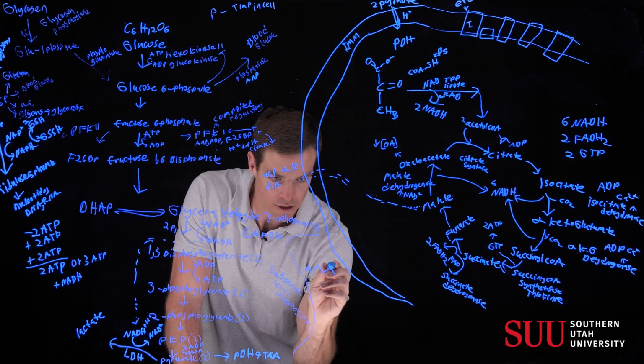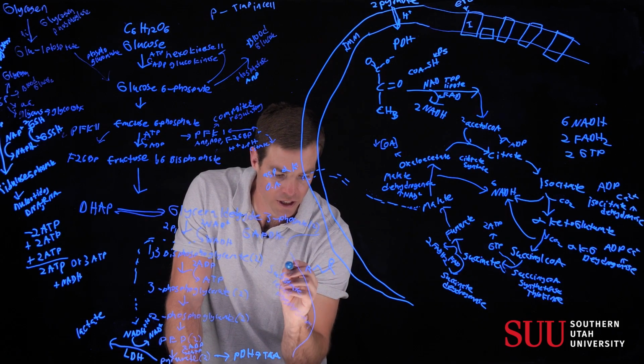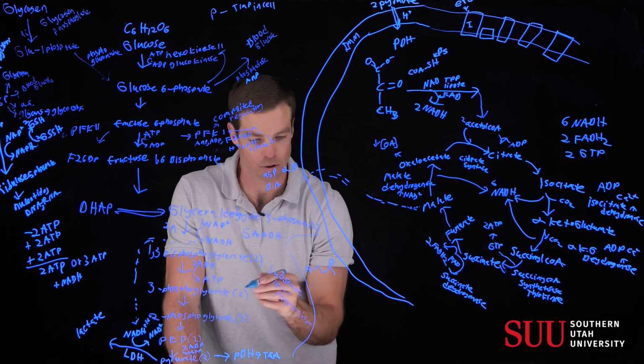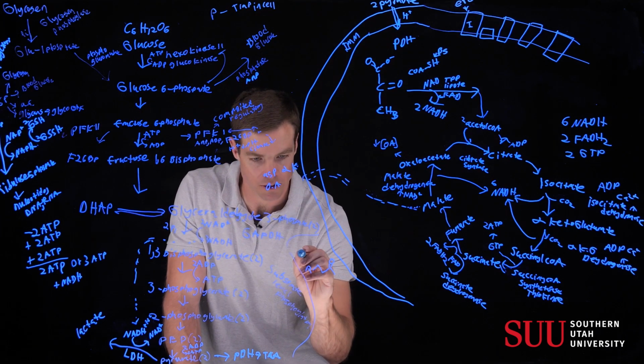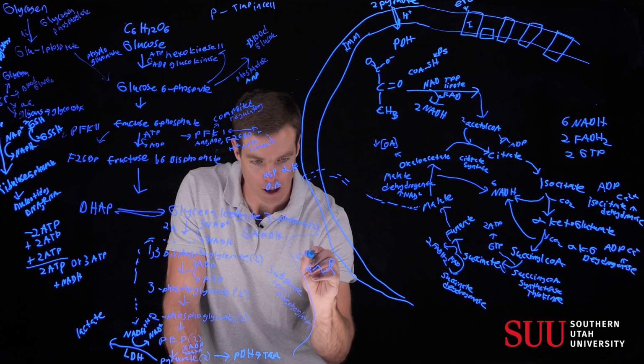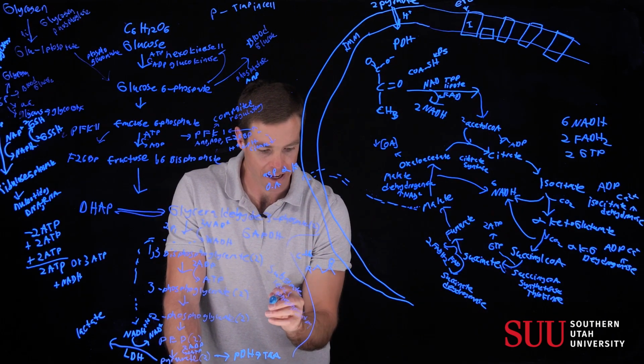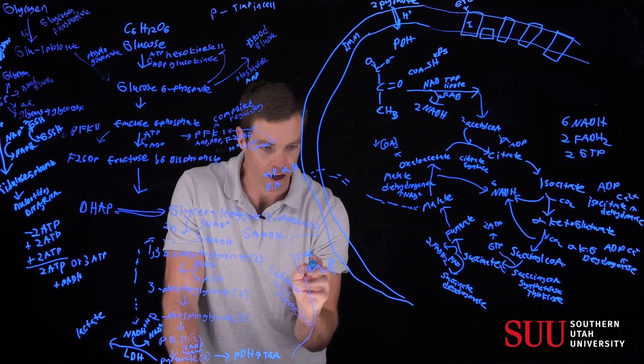We're going to say this is your typical 16 carbon, like a palmitic acid, for example, a 16 carbon fatty acid. And we want to oxidize this thing.